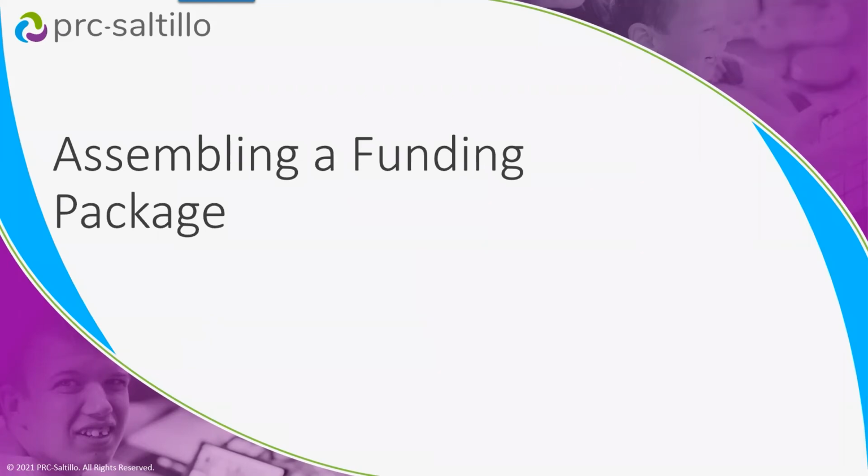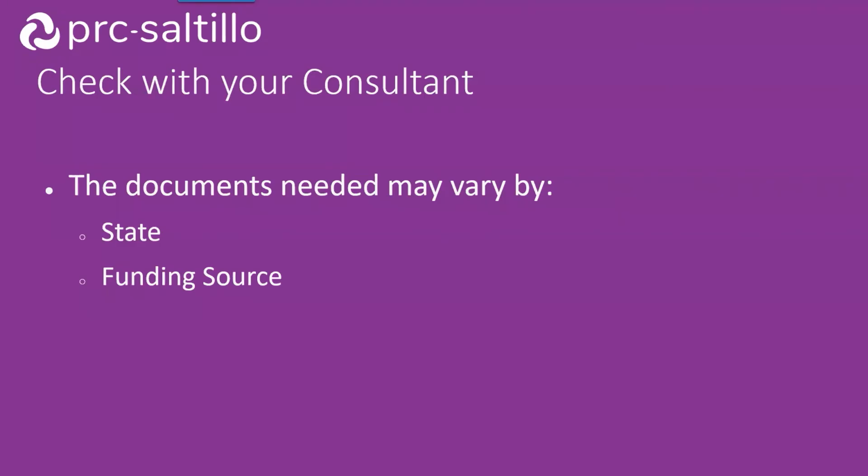So now that you've written up your evaluation report, there are a few more pieces of information you need to gather to make your funding packet complete. Now, we're going to go over just these documents at a high level because there are a lot of state-specific documents.